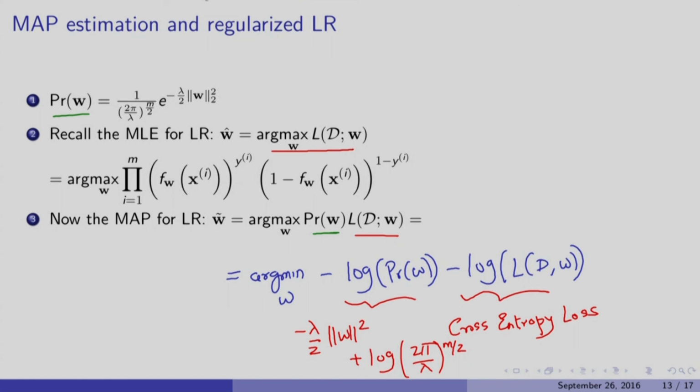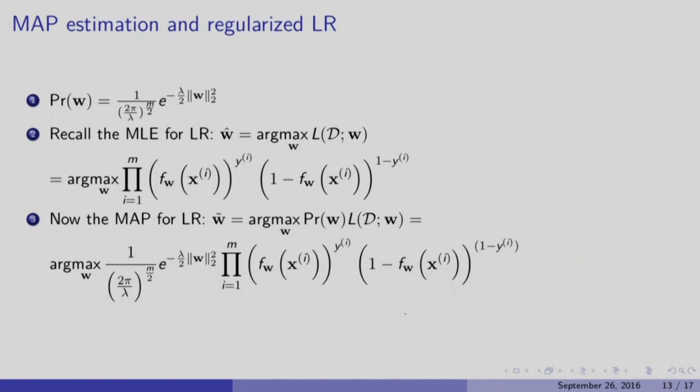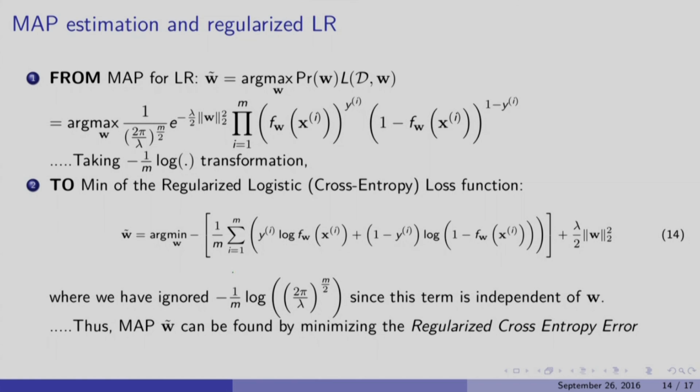Now the second term will basically not contribute because we are looking at argmin over W, which this term is not a function of. So the other two terms will remain. So basically we have substituted, and with some more simplification we get to this form: the minimum of the regularized logistic cross entropy loss function. Thus MAP can be found by minimizing the regularized cross entropy error.